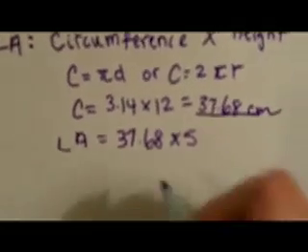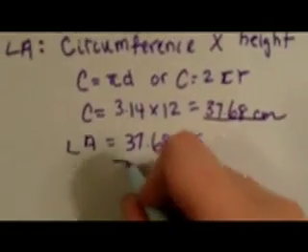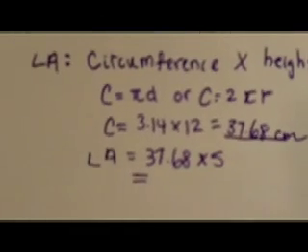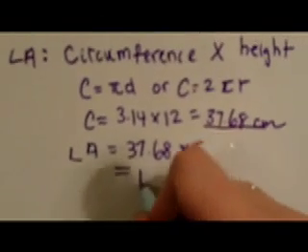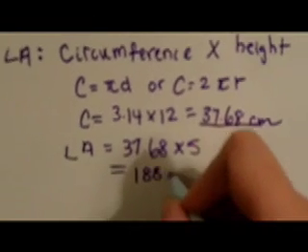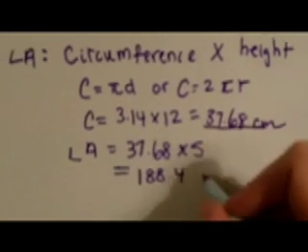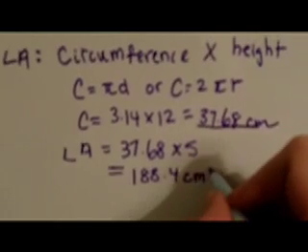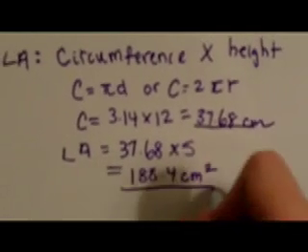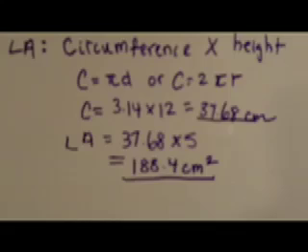Both of those units are centimeters, so when we actually multiply, we're going to get 188.4 centimeters squared. That's just our lateral area.